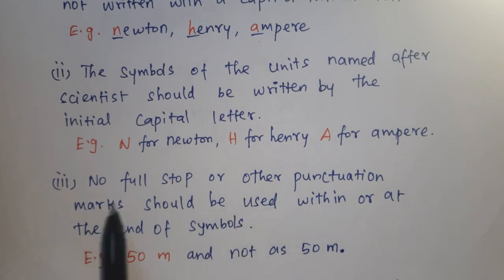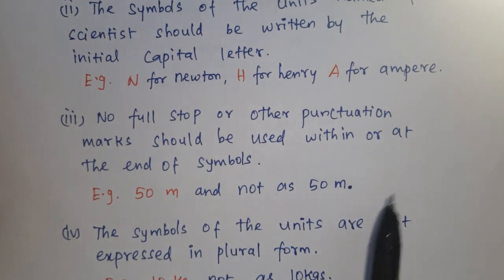Third rule, no full stop or other punctuation marks should be used within or at the end of symbols. We should write like this, 50 m, and not as 50 m full stop or with any other punctuation mark.